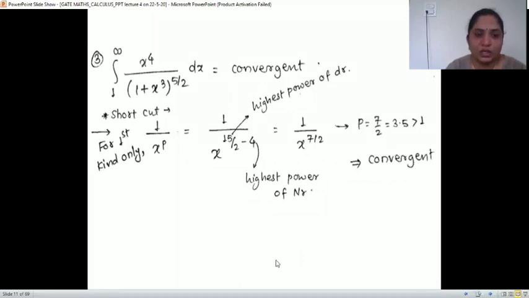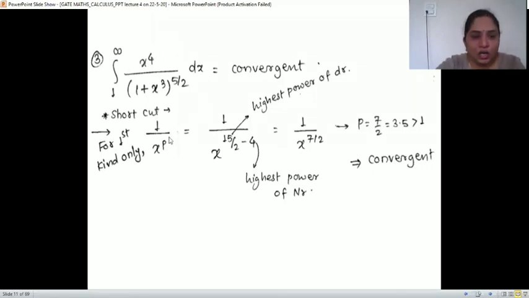That is, 1 upon x raised to p type. So what we do is we see the highest power in the numerator and the highest power in the denominator. What is the highest power of x in the numerator? 4, and the highest power of x in the denominator is 15 by 2.